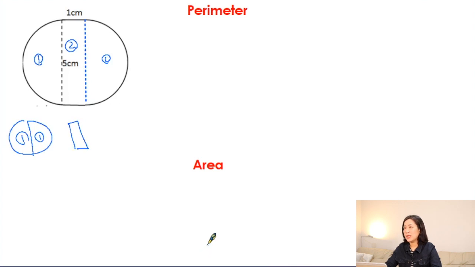All we need to do is, let's do the area first because area is much easier. To find the area of this compound shape, find the circle, then add up the rectangle. So area of a circle, pi r squared, right? Then you know that r is 2.5 since the diameter is 5.